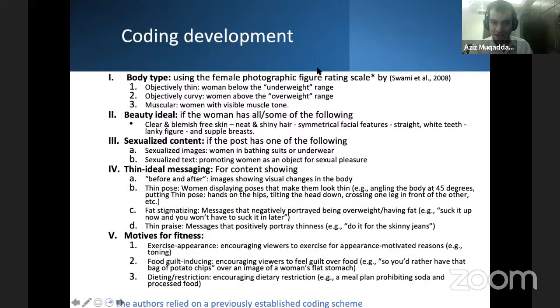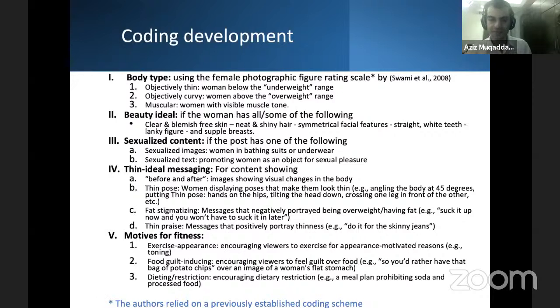Then ideal messaging is what content would constitute like sending a message about thin ideal aspiration. Okay, so they had also 4 criteria for that.